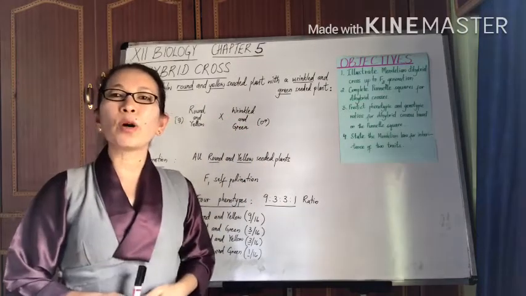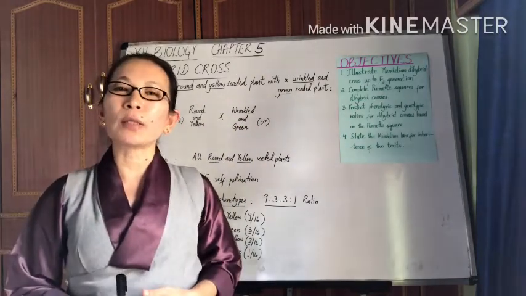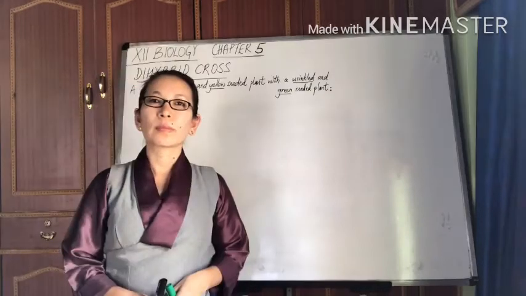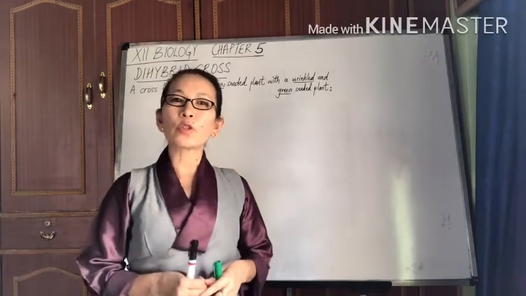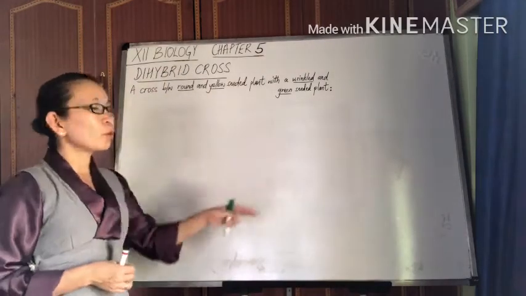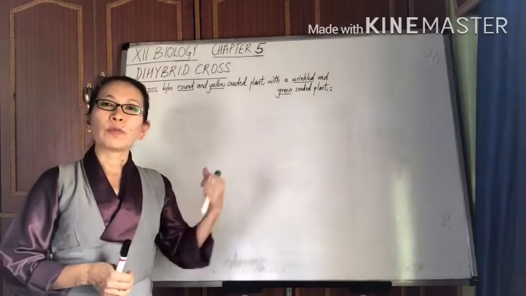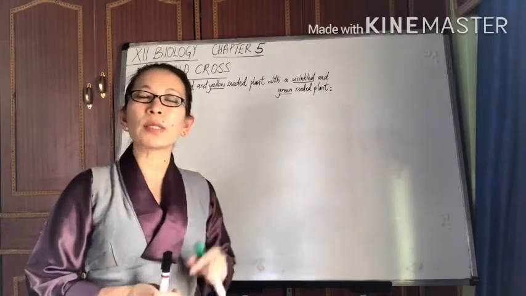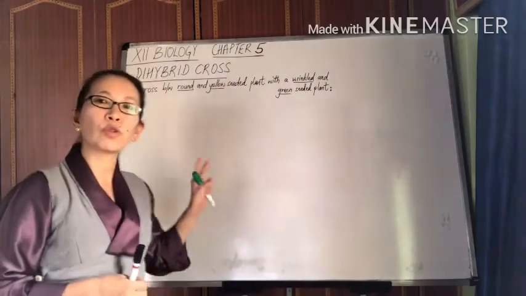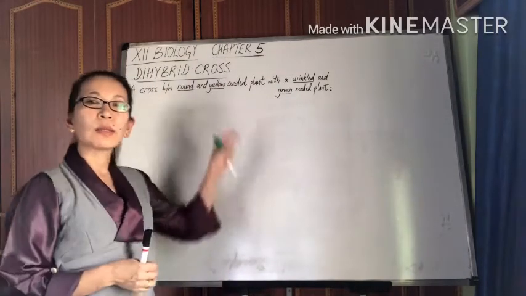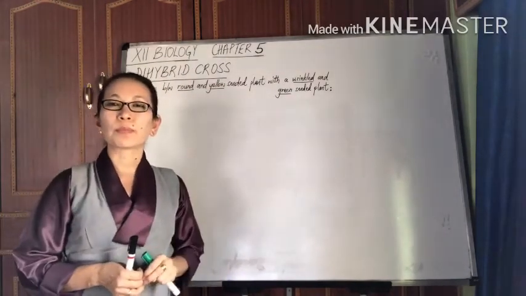So what could be the possible explanation for this pattern of inheritance? To understand how Mendel explained dihybrid results, we first need to work out the cross up to F2 generation. And for this, as we have learned, the first step is to assign letters to the traits. And here we have 2 traits to be considered simultaneously: seed shape and seed color.